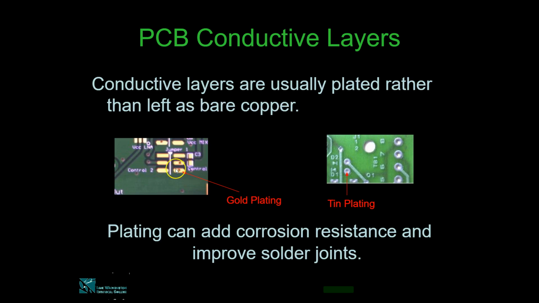So here you see this is your gold plating, and here also is another layer, a tin plating, which can be used. This plating can add corrosion resistance and improve solder joints. So that's why these conductive layers are used in the PCB.